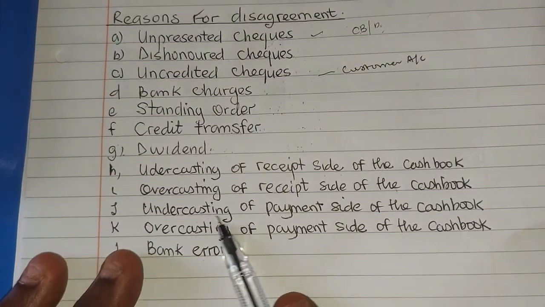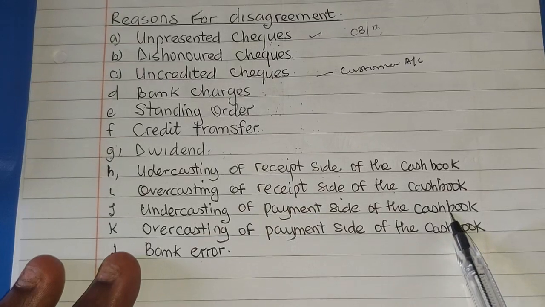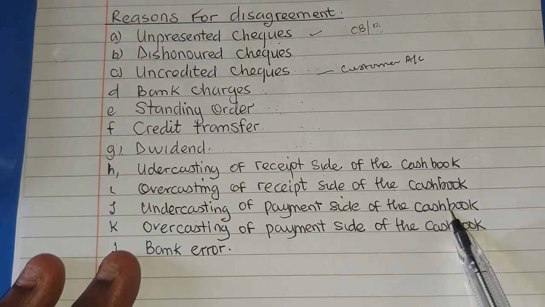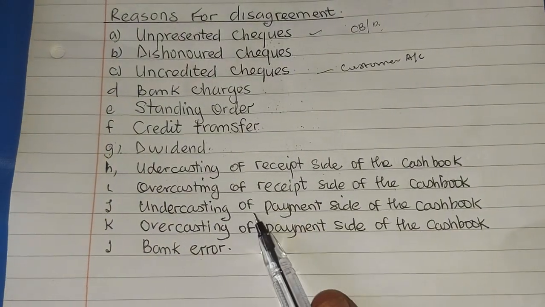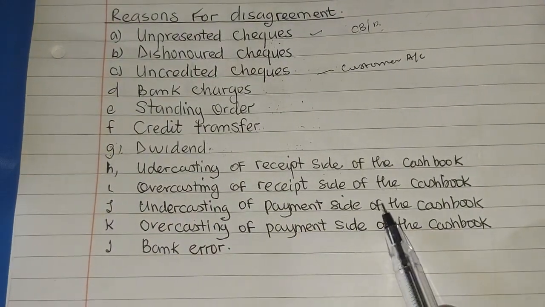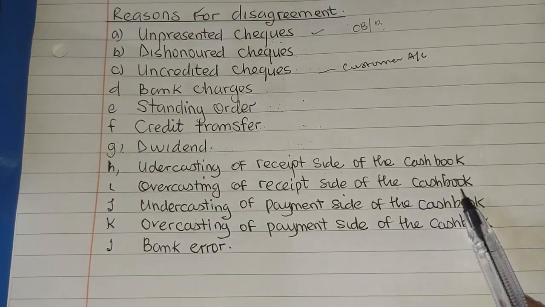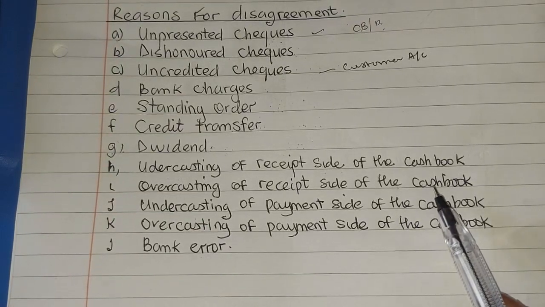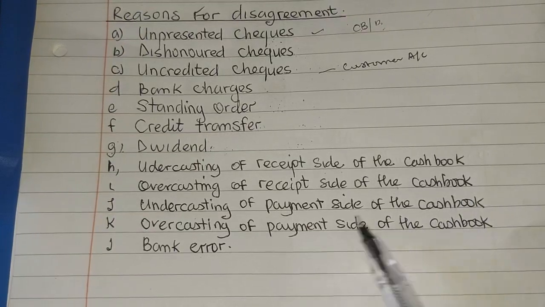Okay. Then undercasting the payment side. The payment side is the credit side of the cash book. When it is understated, the undercasting of the payment side of the cash book can occur, which will surely affect the total of the cash book and will cause disagreement with the bank statements.